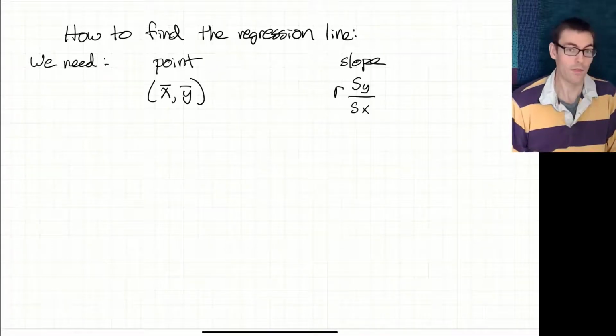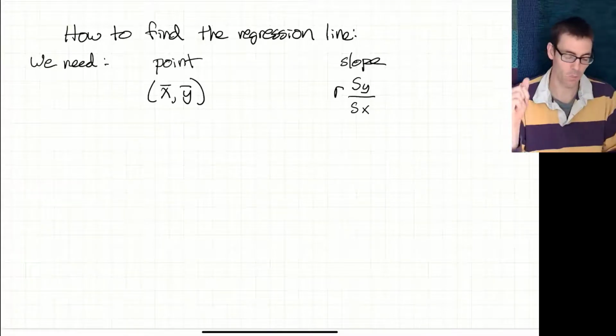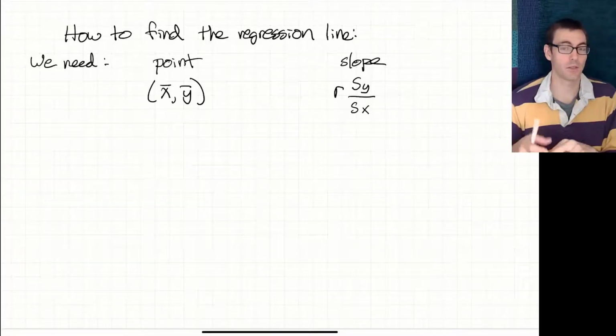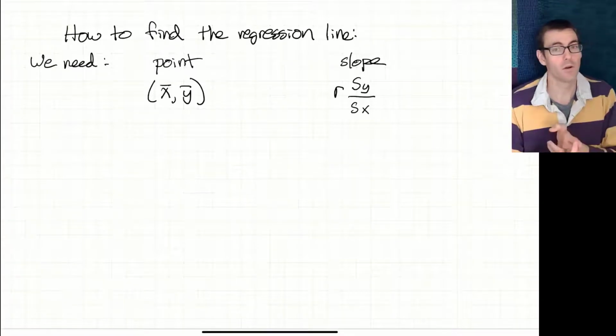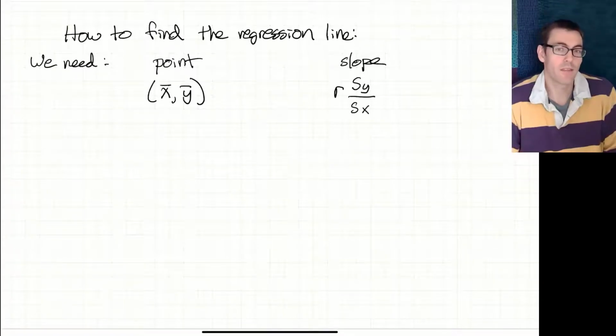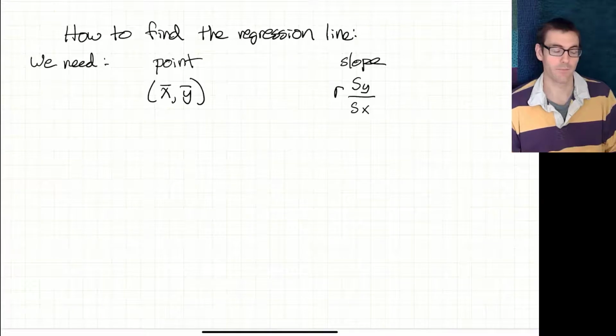Cool. So with all these components, there's a few things we have to calculate. We need the mean and standard deviation for both variables, and we need the correlation coefficient. Once we have these, it just becomes an algebra question. Given a point and a slope, what's the equation of the line?